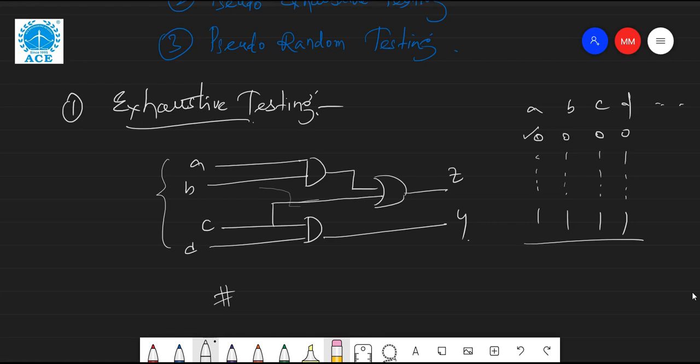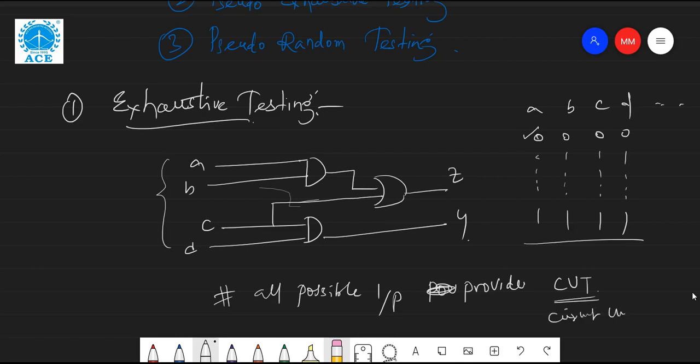Simply, all possible test inputs are provided to the CUT, the circuit under test, in BIST.